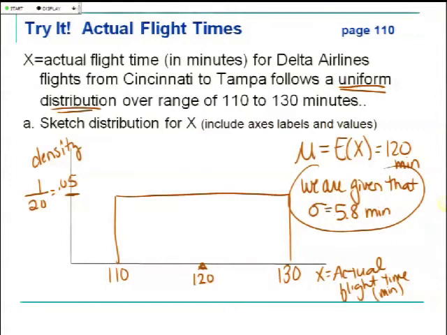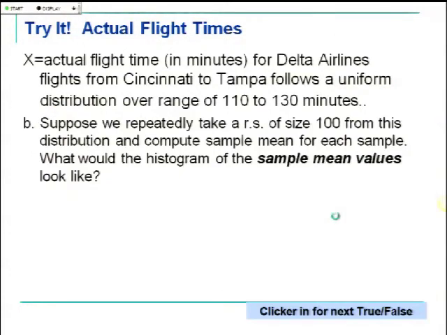All right, so we're going to take samples from this model, from this population that has this model. What sample size are we going to take in part B? Samples of size 100. Is that large? Yes, nice and large. We're going to compute the sample mean for each sample of 100, and we're going to do that over and over and over.